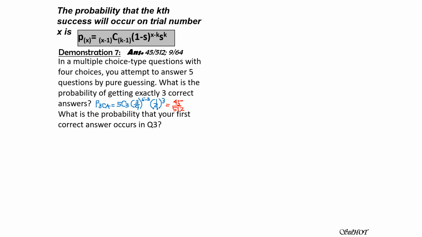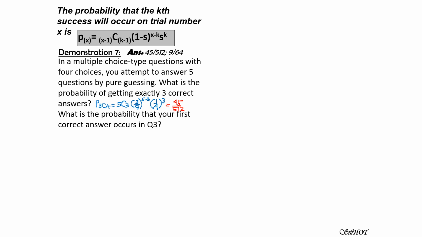While for the second one, what is the probability that your first correct answer occurs in question number 3? So if you use the formula, it was x minus 1. It was the probability of failure, which is 3/4 or 1 minus 1/4, because the probability of success is 1/4.